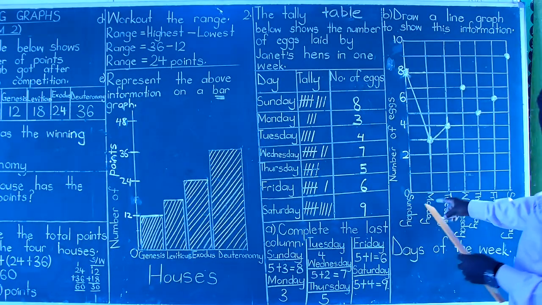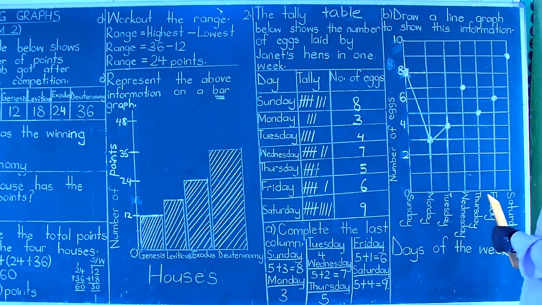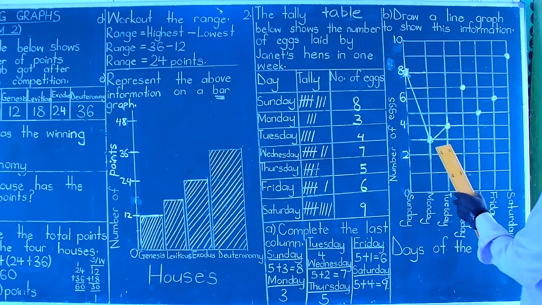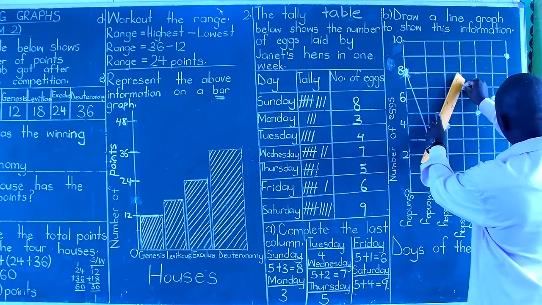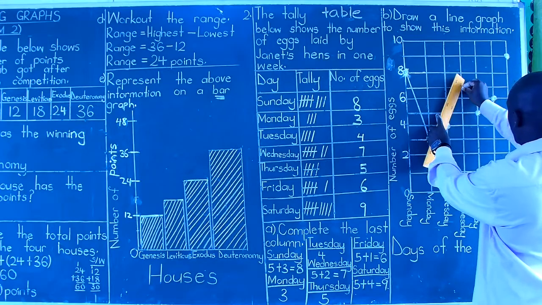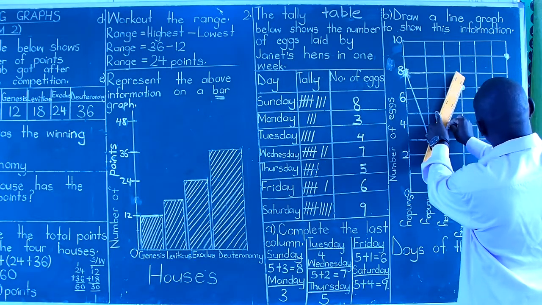So from Monday to Tuesday, that is an increase in the laying of eggs. Then they increased again between Tuesday and Wednesday, and now we connect to see the increase.